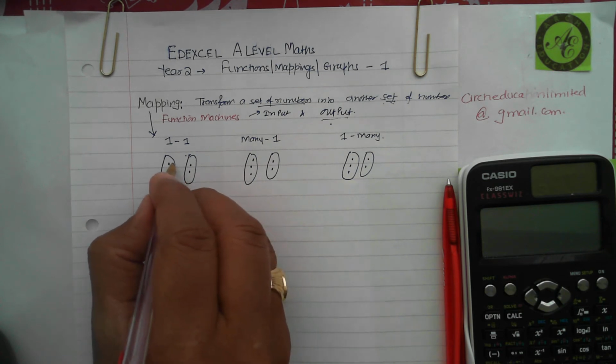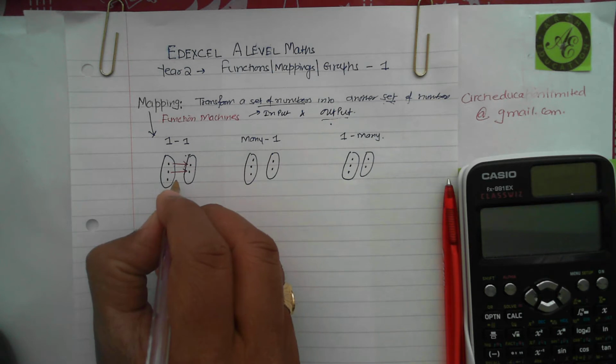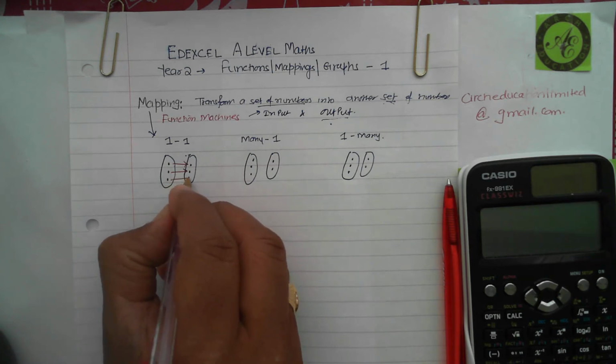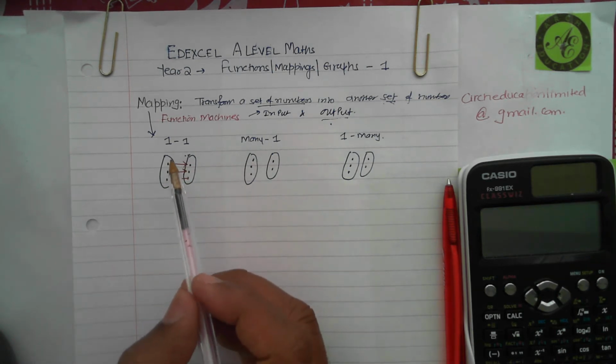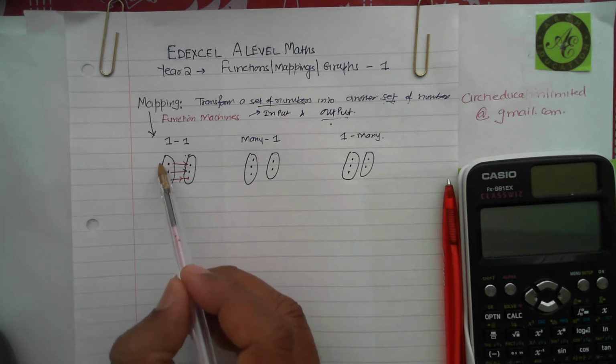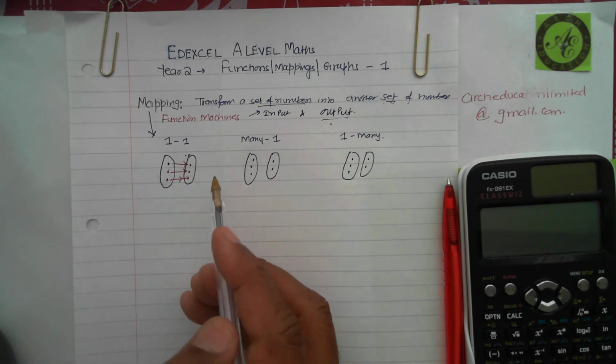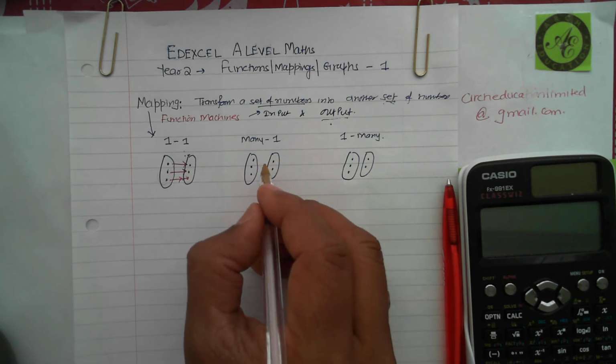If I have this and this, what does that tell me? Every element or number of the input set is going to one different output number of the output set. This is one-to-one.